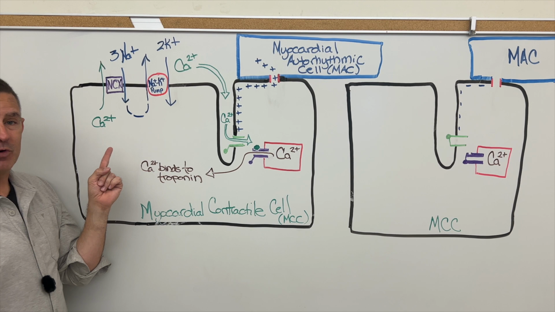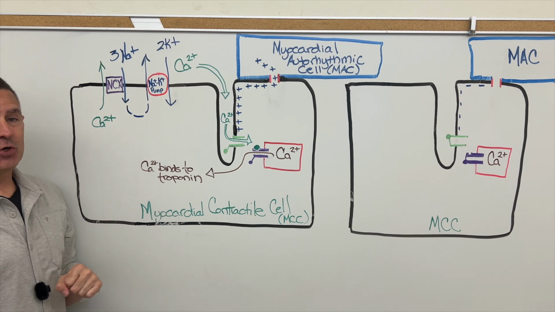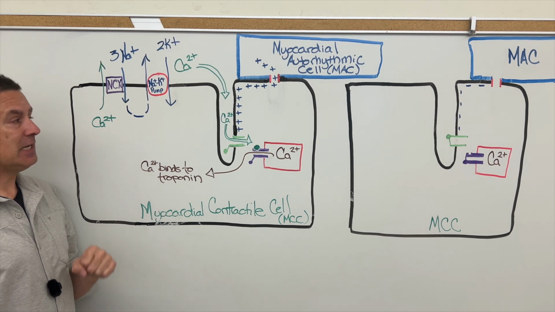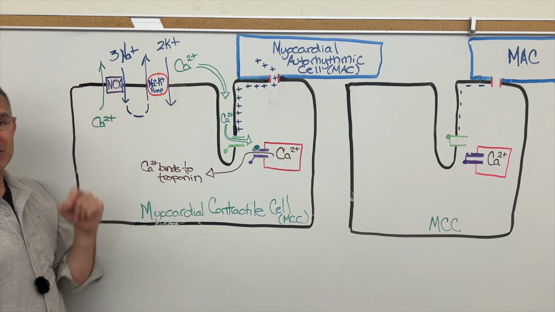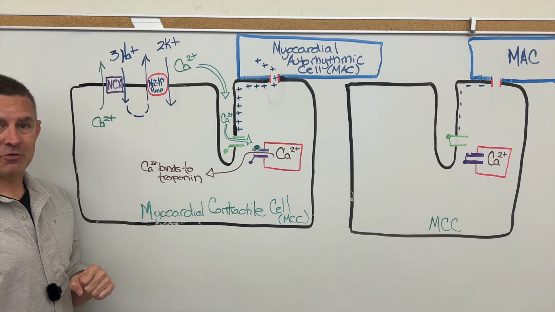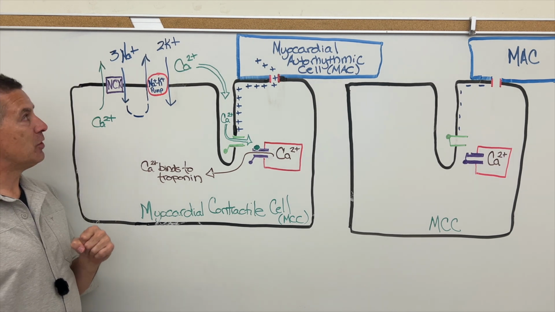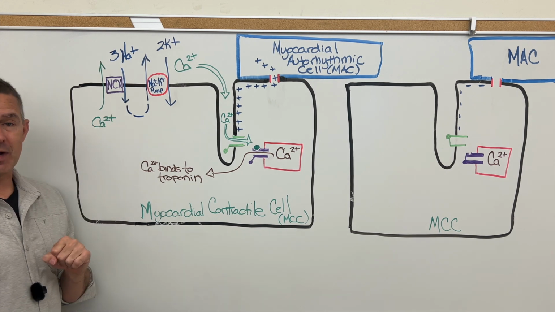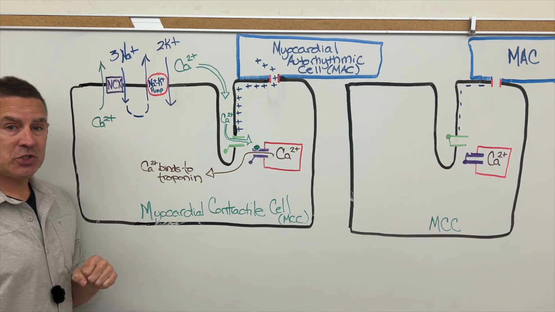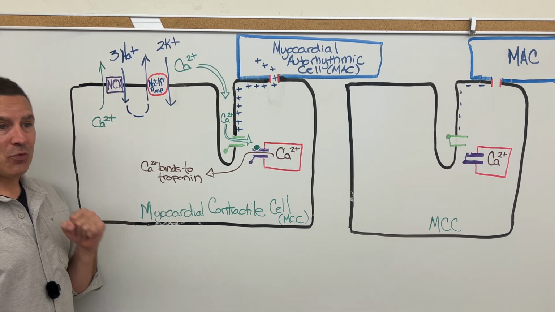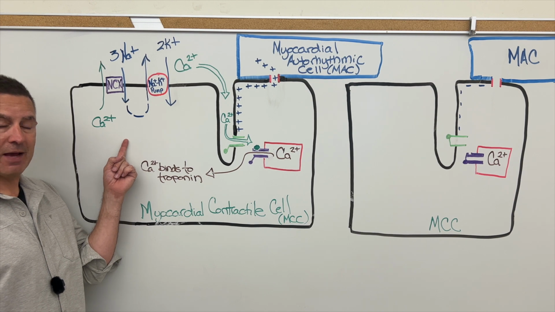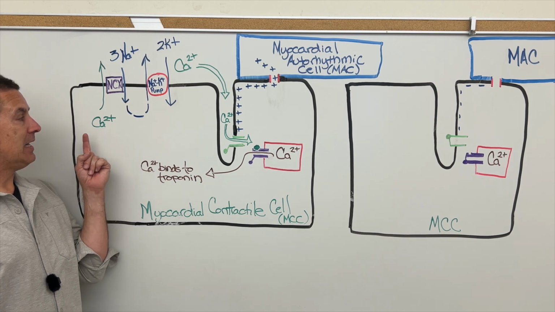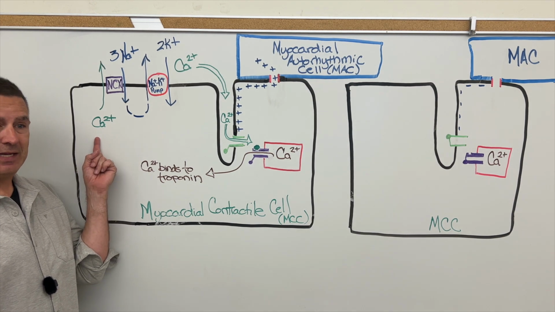The passive movement of sodium into the cell creates the kinetic energy needed to move calcium out of the cell. This is secondary active transport. It is an antiporter because calcium and sodium are going opposite directions. The ratio here is 3 sodium come in down its chemical gradients and 1 calcium leaves.